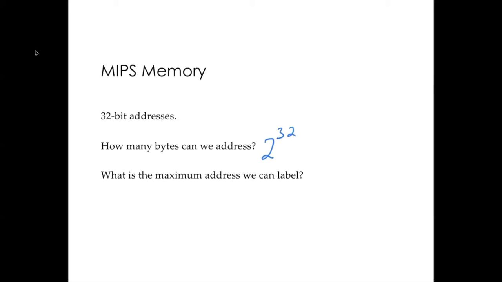What's the maximum address label we can hold? In binary, it would be all ones. So in hex, it's going to be all Fs. And so there need to be 8 of them, because each hex digit is the same as 4 binary digits. So this 8 Fs is equivalent to 32 ones, which is the maximum address.